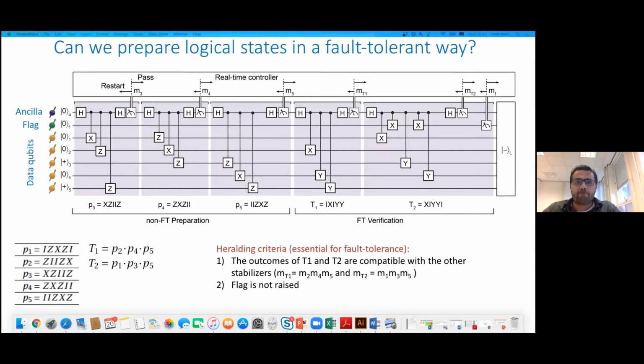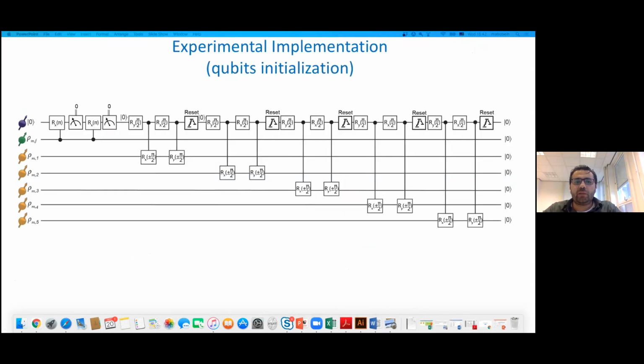All right. So how would we implement this experimentally? The first thing is we need to initialize our data qubits. The electron spin can be directly initialized by optical means, as I mentioned, just shining some resonant laser for some time. But the nuclear spins, the carbon-13 spins and the nitrogen spin, have to be initialized via the electron spin.